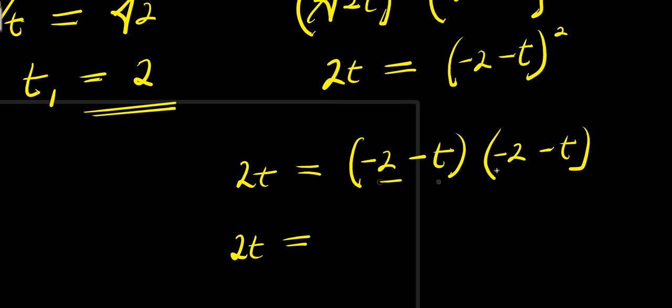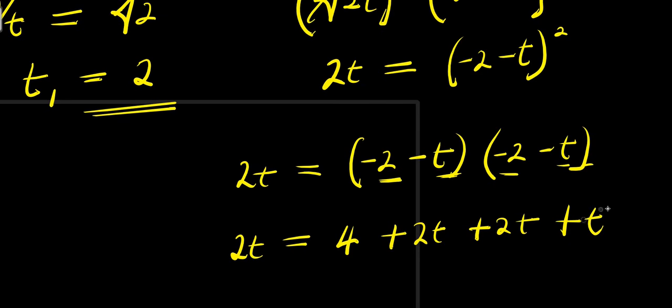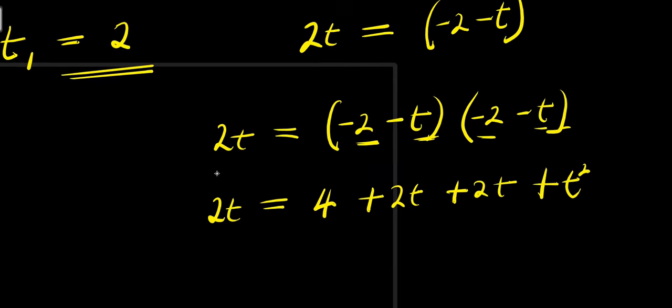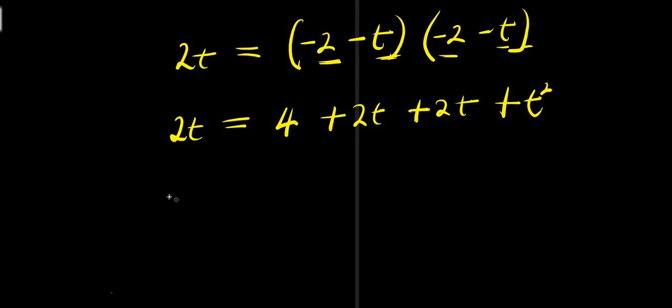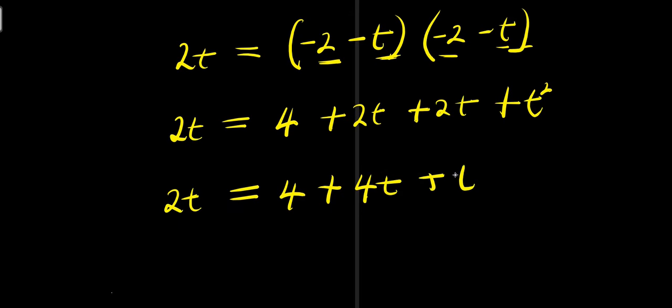2t equals negative 2 times negative 2, we have 4. Negative 2 times minus t, we have plus 2t. This time this, we have plus 2t. We have plus t squared. So from here, we have 2t equals 4 plus 4t plus t squared. So we move 2t over here.